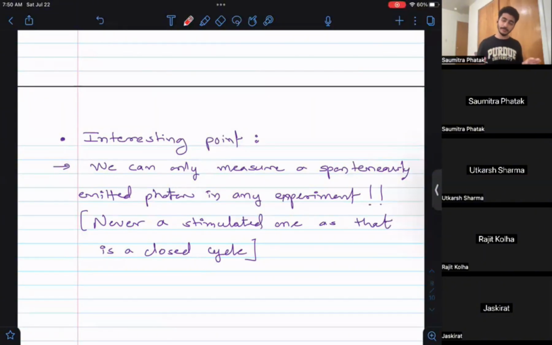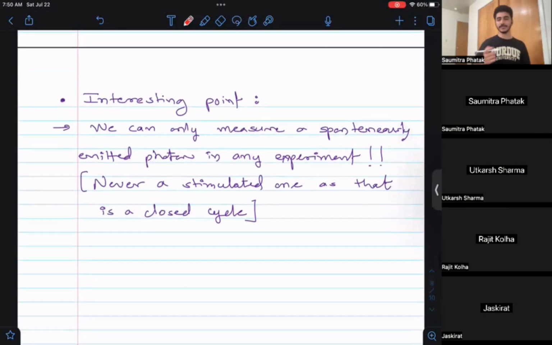We can never detect or measure the stimulated emitted photon, because that process is a closed process, a closed cycle. When you are driving the transition, it stays in that system and doesn't get out of the system.